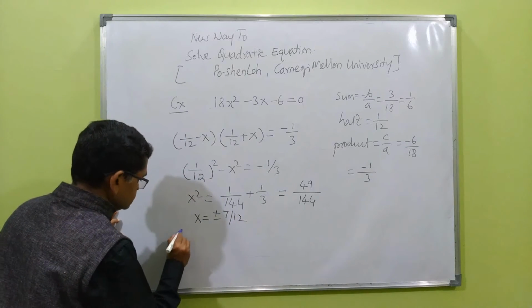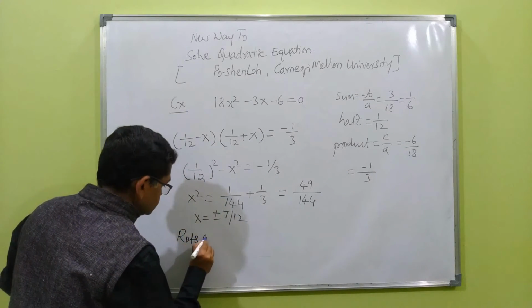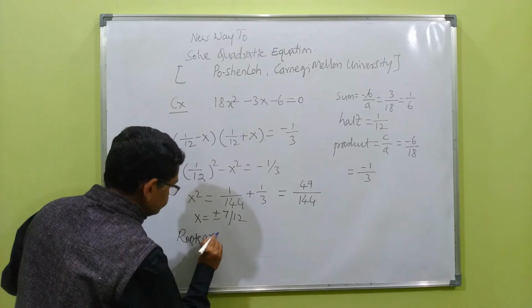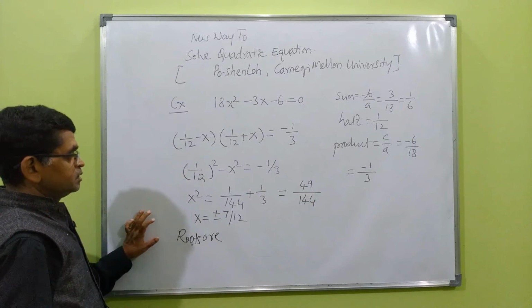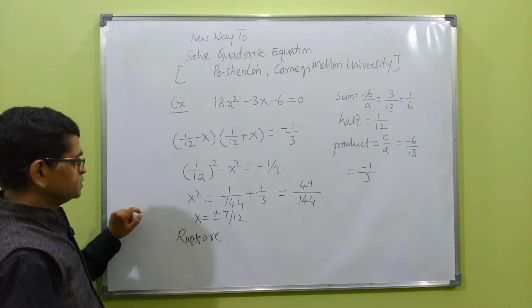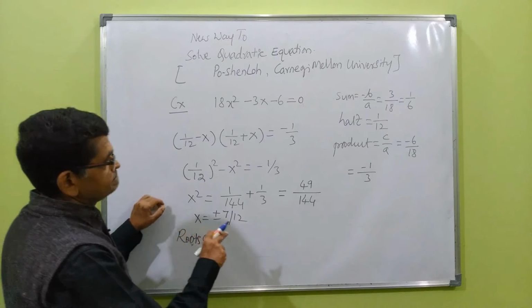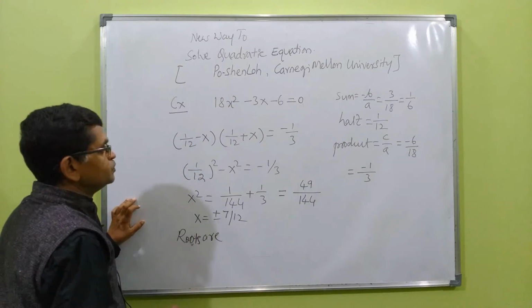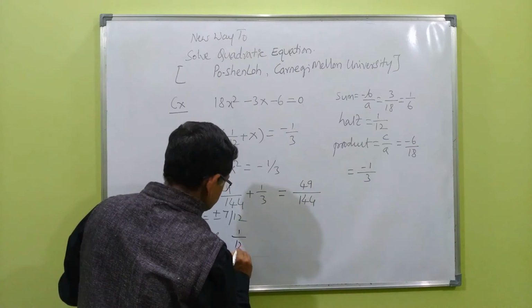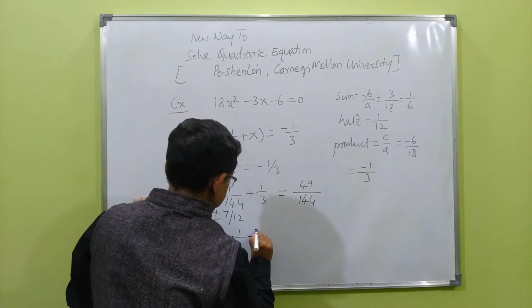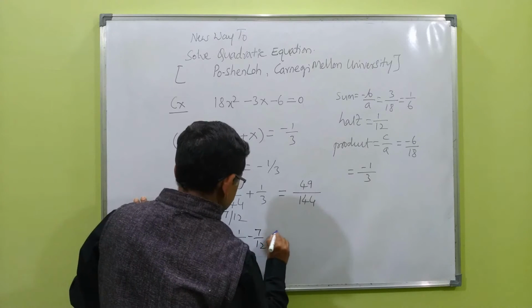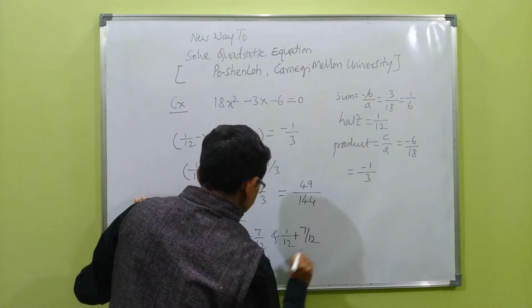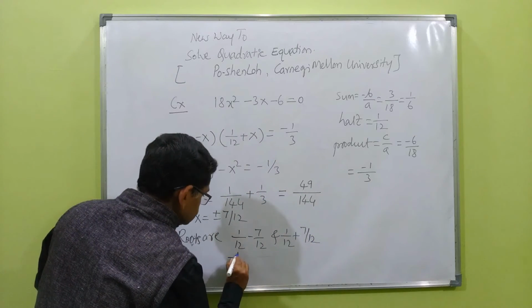So the roots are, how much? 1 by 12 minus 7 by 12 and 1 by 12 plus 7 by 12, that is minus half.